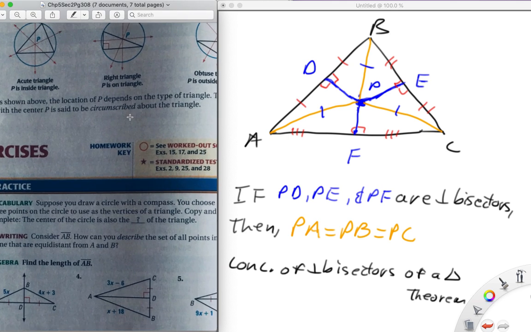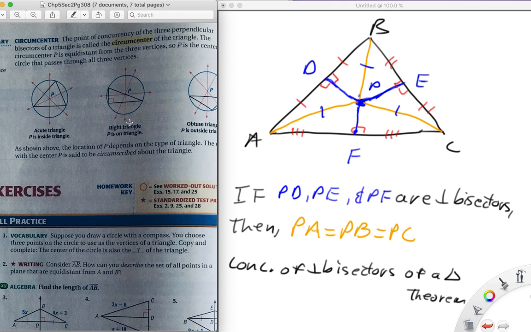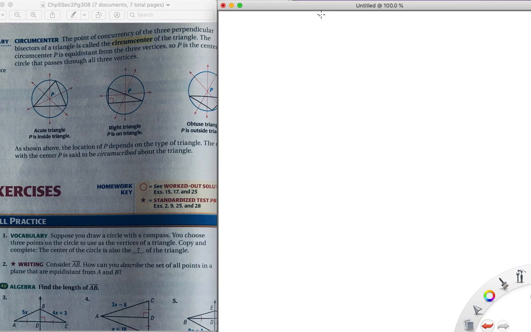Circumcenters. The point of concurrency of the perpendicular bisectors of a triangle is called the circumcenter.